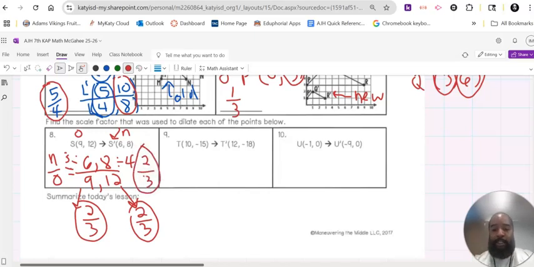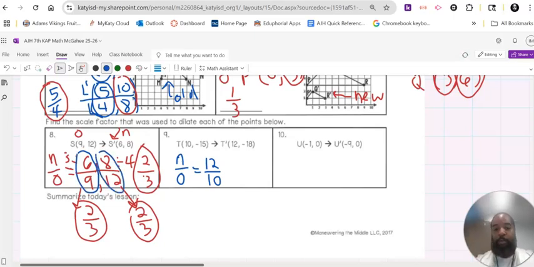Let's try another one. Let's look at number 9. We're going to do new over original again. So we have new over original. And in this case, we have T prime over T, which would say 12 over 10. Okay, so I only need to pick one point because as you see here on this first example, this point and this point reduce to the same thing.